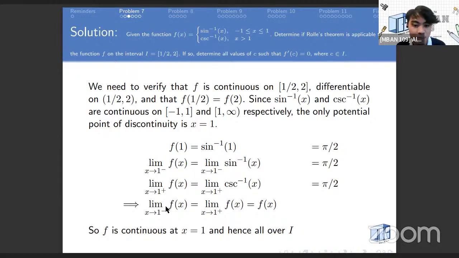Then the limit of f of x as x approaches 1 from the right is equal to the limit of arc cosecant of x as x approaches 1 from the right, which is also pi over 2. So since both limits from the left and right are equal, we can say f is continuous at x equals 1 and hence all over the interval I.